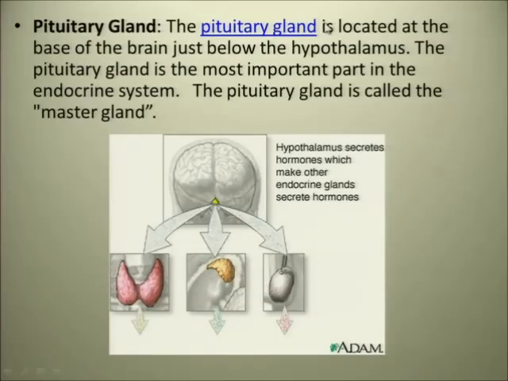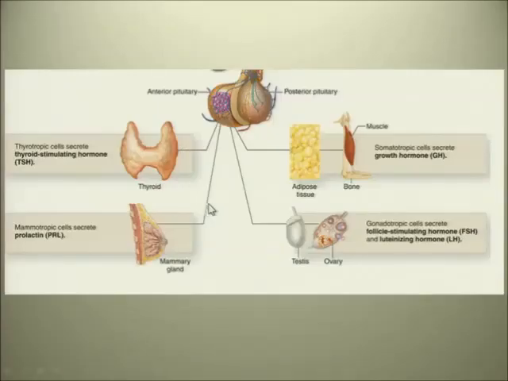Then the pituitary gland is located at the base of the brain, just below the hypothalamus, as you saw there. The pituitary gland is also called the master gland. They call it the master gland because it stimulates many other glands to produce hormones. So that is why it is the master gland. Now let us look at what the pituitary gland does. It secretes thyroid-stimulating hormone, TSH.